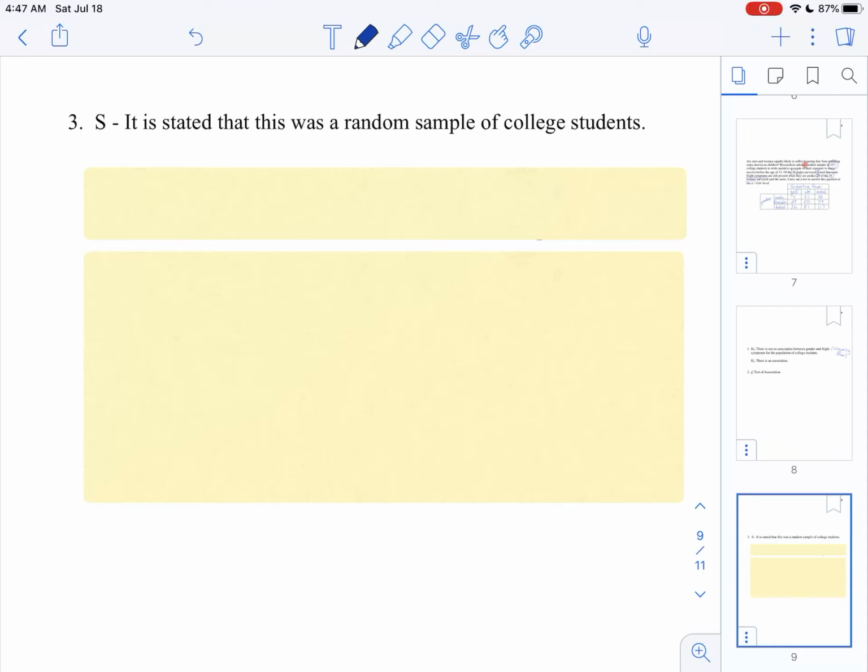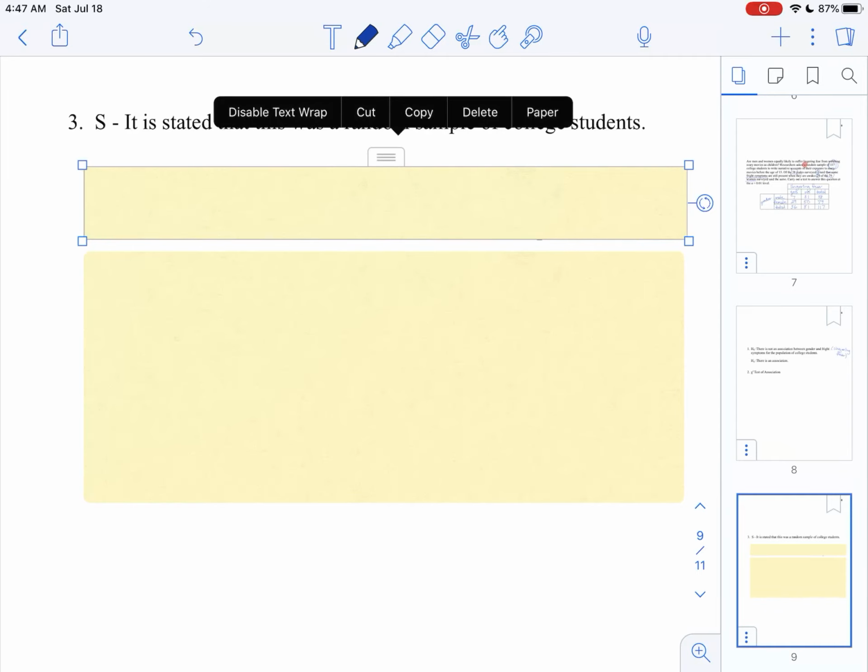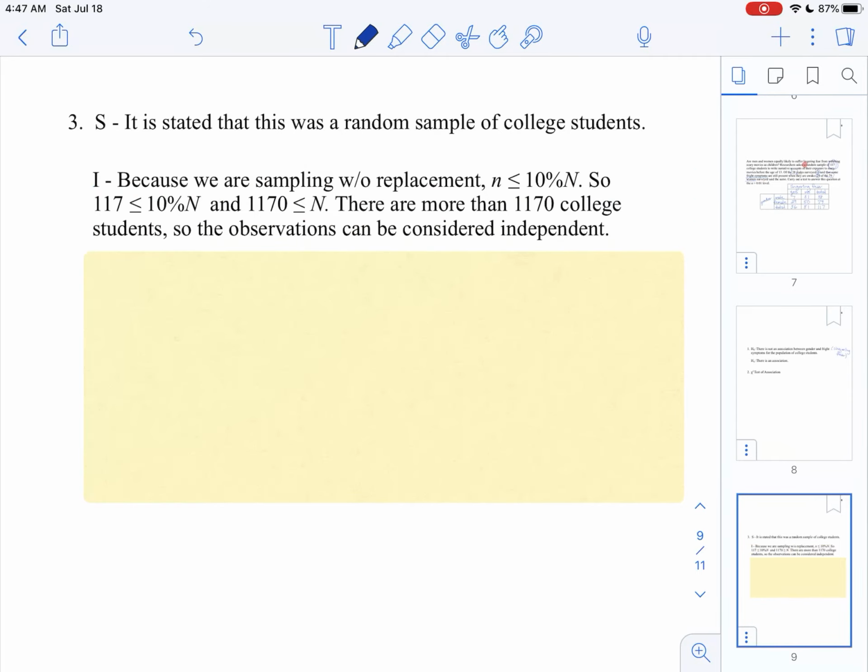For the I, we would have to check, because we were sampling without replacement, that our lowercase n is less than 10% of our capital N. So 117, our sample size has to be less than 10% of the population of all college students. And so there have to be more than 1,170 college students. Well, obviously there's more than that at KU. So the observations can be considered independent.